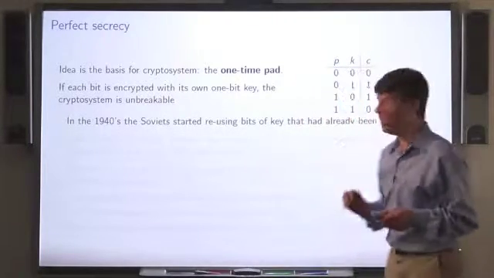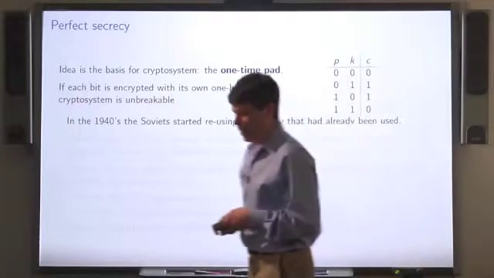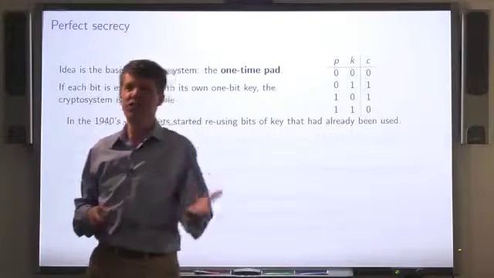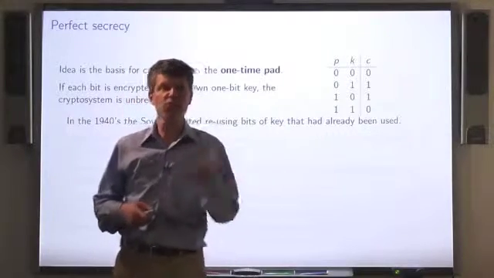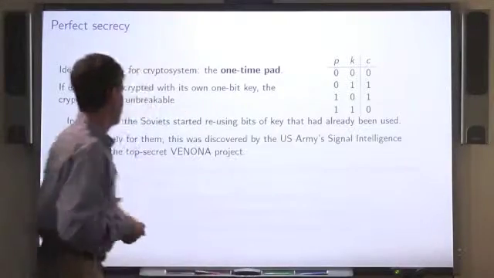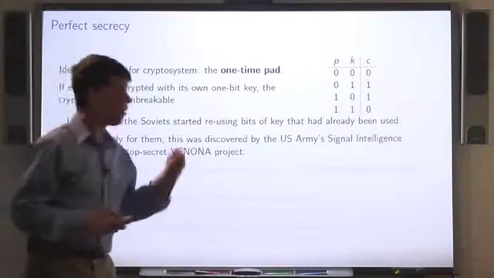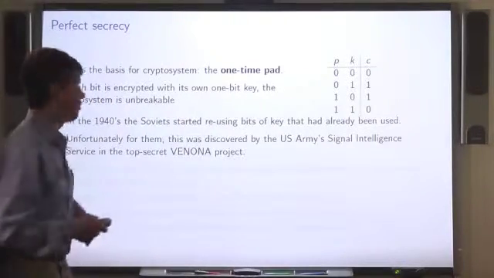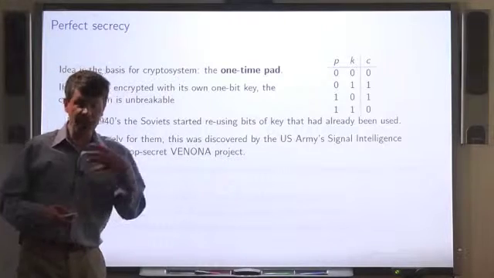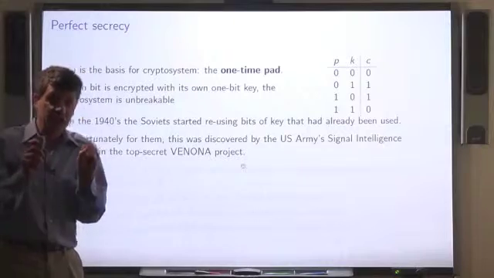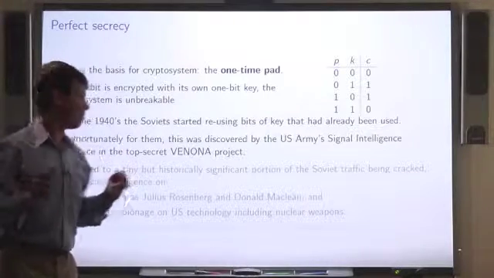Now, in the 1940s, the Soviets seemed to have run out of key, and they started reusing bits that they had used from previous messages. And this was discovered by the US Army's Signal Intelligence Service. They started slowly finding places where they could decrypt little bits of the message.